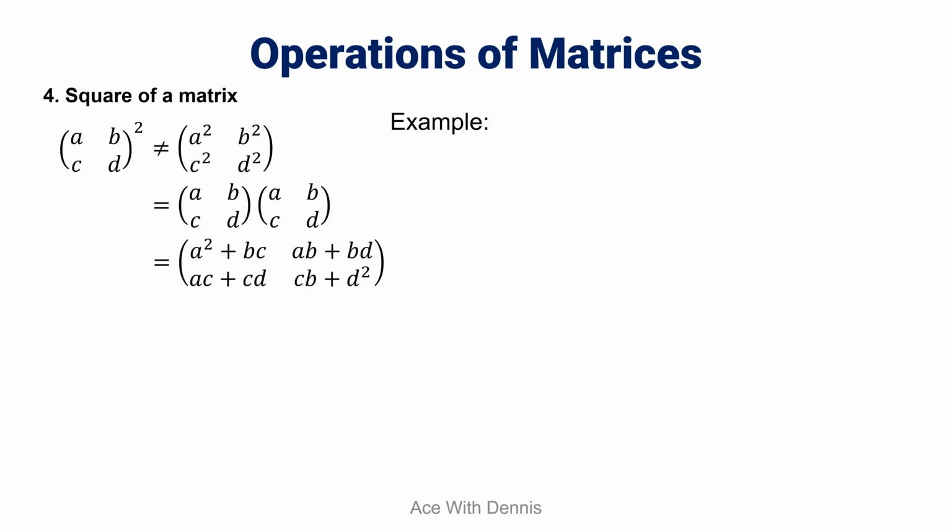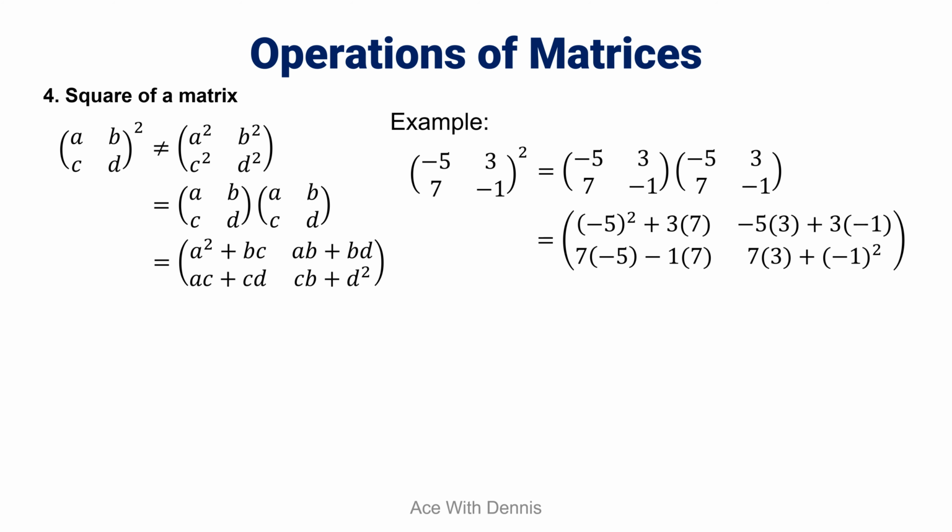Now let's look at this example. If we have the matrix negative 5, 3, 7, negative 1 squared, it is equal to this matrix multiplied by itself. Negative 5, 3, 7, negative 1 times negative 5, 3, 7, negative 1. Now we can start to multiply these two matrices together, which will get negative 5 squared plus 3 times 7.